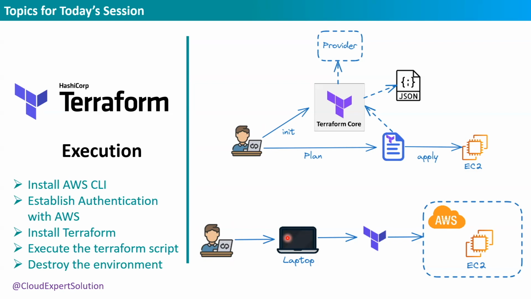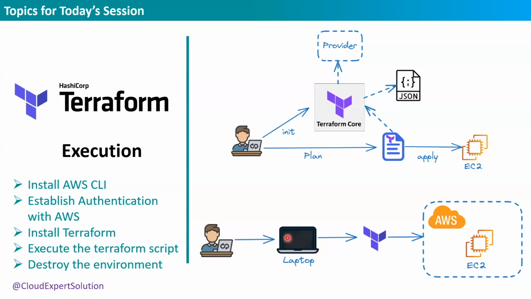On a high level, these will be the steps for us, and those steps are common no matter if you are using your local environment or an EC2-based cloud environment. First, we have to install AWS CLI if that is not available. Then we have to establish authentication within AWS. If you are using an EC2-based system, you will create an IAM role.